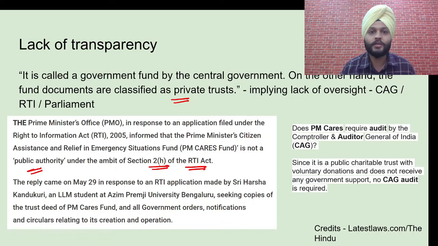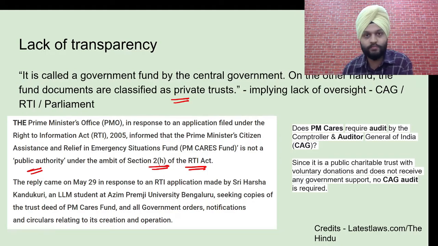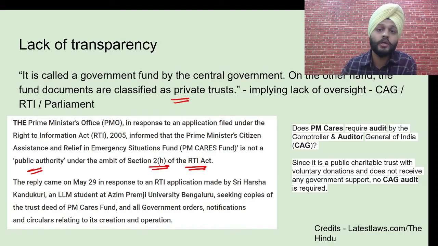Now, apart from that, the PM Cares Fund is not subjected to CAG audits. The CAG audit is a mechanism covering basically all government institutions. Whatever spending they have done from their budget, at the end of the financial year everything is audited by a neutral constitutional body. After the audit, the report is given to the president, who ultimately gives it to the parliament.